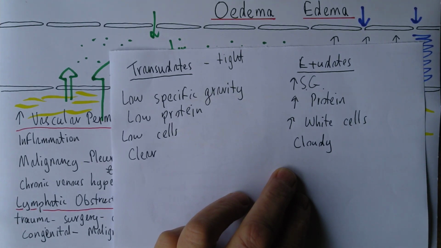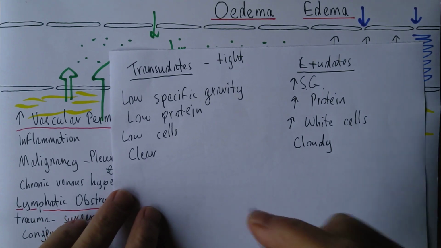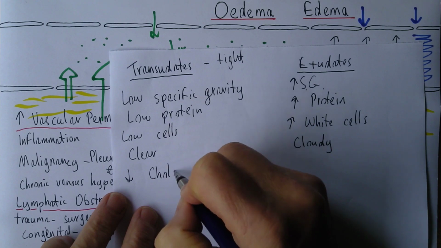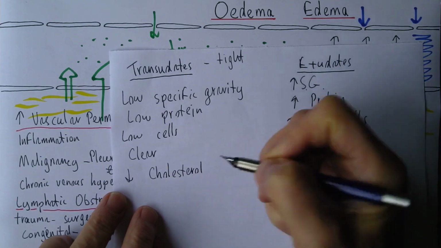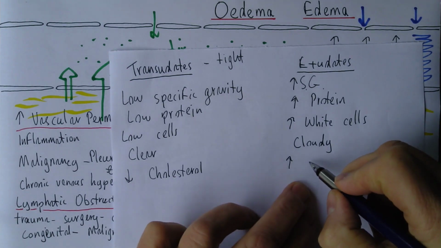And if we look for other things, biochemists will look for other components, like transudates are low in cholesterol. Whereas again, the cholesterol can leak out of the blood in an exudate and it's higher in cholesterol.